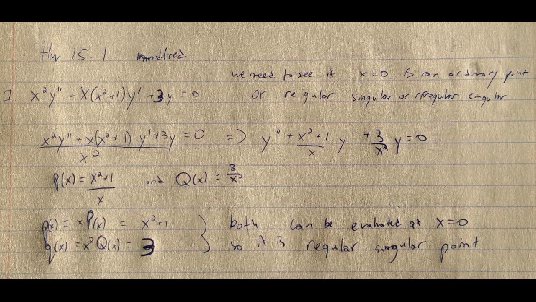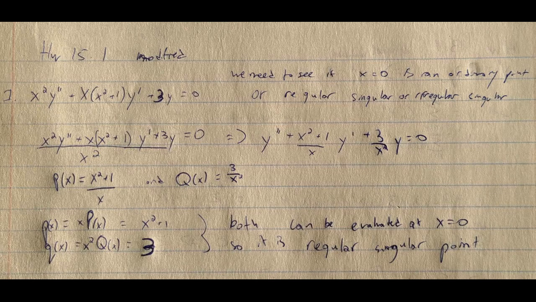Now we need to check if it's analytic at x equals 0, but we need to do that for lowercase p and lowercase q of x. We have to rewrite our equation into a different form: y double prime plus lowercase p of x over x times y prime plus lowercase q of x over x squared times y equals 0, where lowercase p of x is x times capital P of x, and lowercase q of x is x squared times capital Q of x.